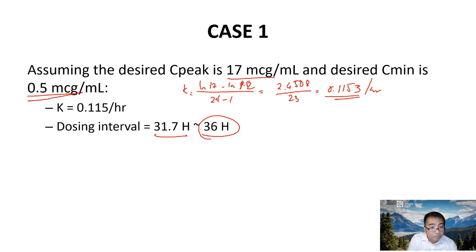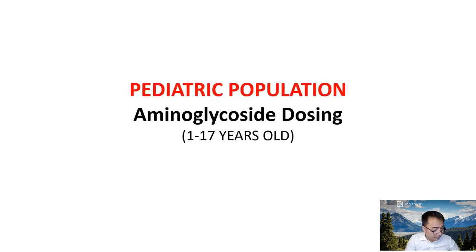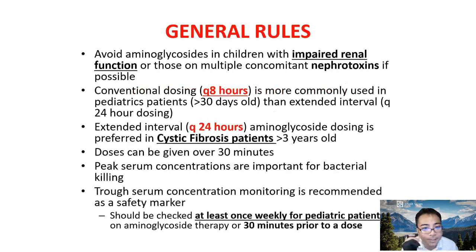Next one. How do we compute for the pediatric population between 1 year old and 17 years old? Usually for neonatal, we use extended interval. Normally, class, we avoid aminoglycosides in children with impaired renal function or those on multiple concomitant nephrotoxins. The conventional dosing is every 8 hours, and it is more commonly used for the pediatric population.